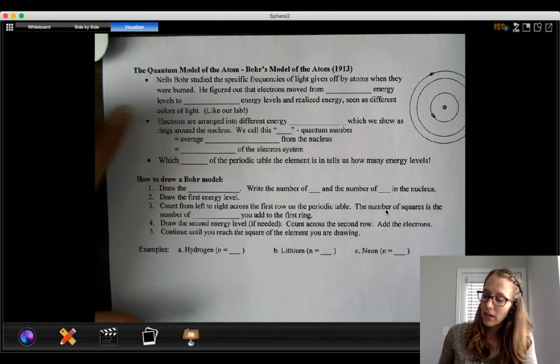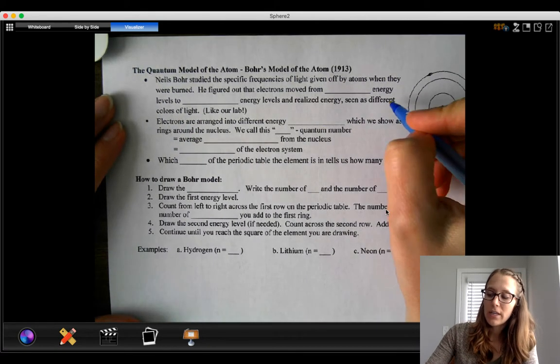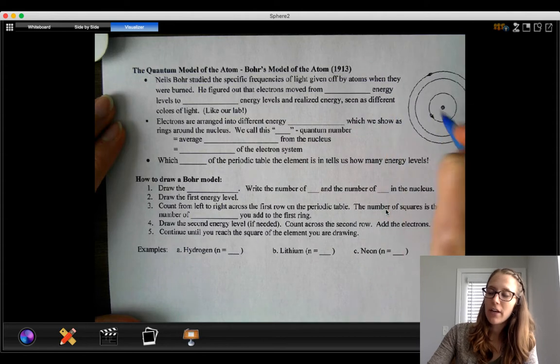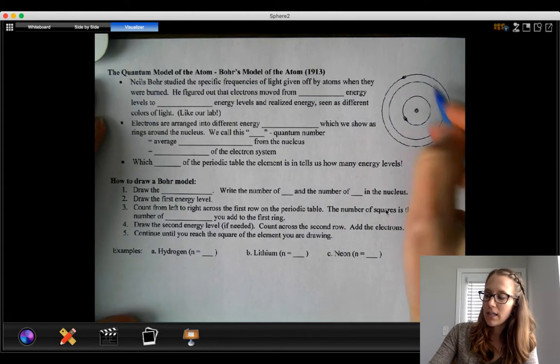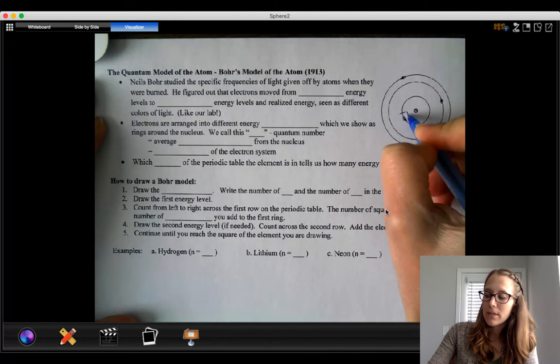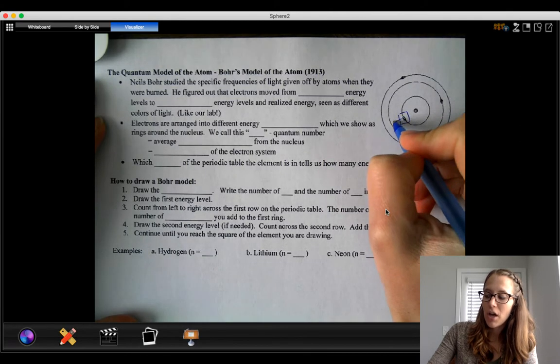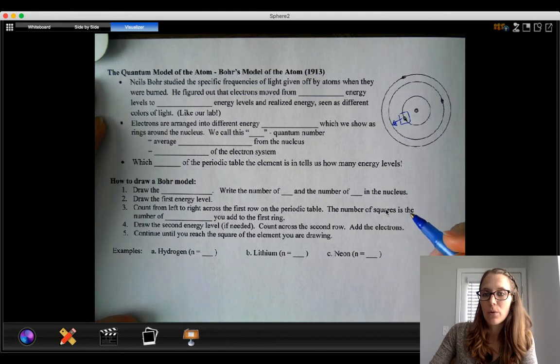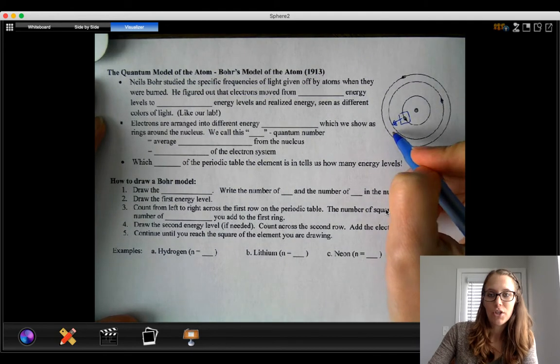He figured out that electrons were moving between different energy levels, and what he figured out is if the electrons started here, for example, and then they were burned, these electrons were actually going to jump farther away from the nucleus when energy was put in.